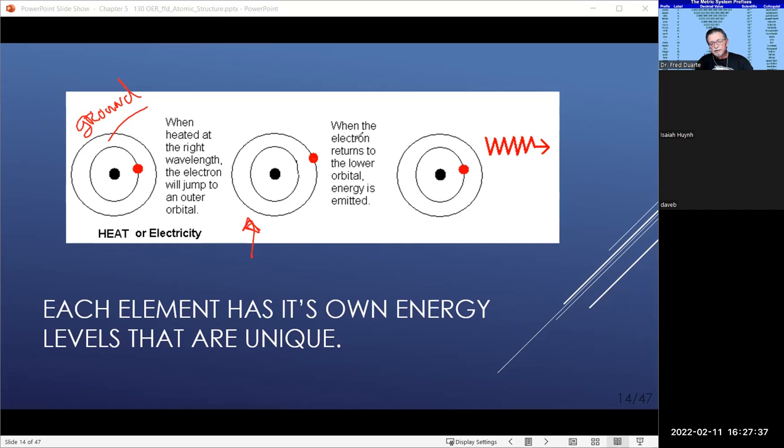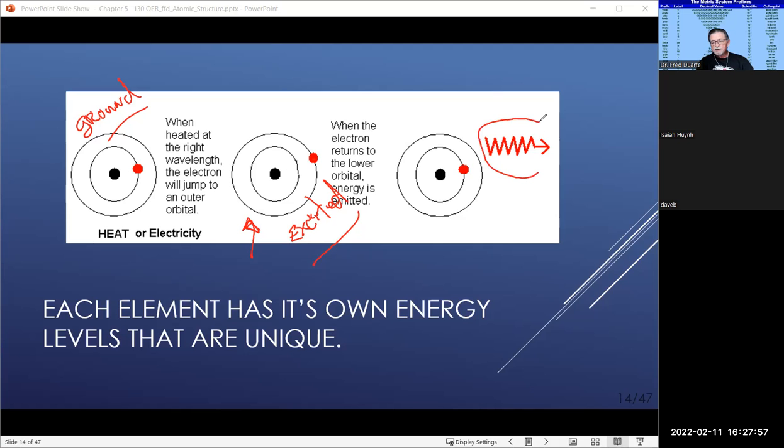Mother Nature being Mother Nature, it cannot hang up here in the excited state. This would be the excited state, because it's been kicked up to the next energy level. It drops back down from the excited state to where it was originally, the ground state.